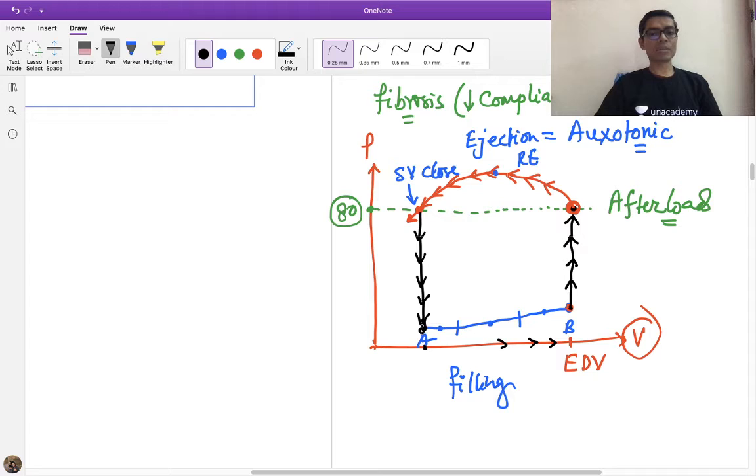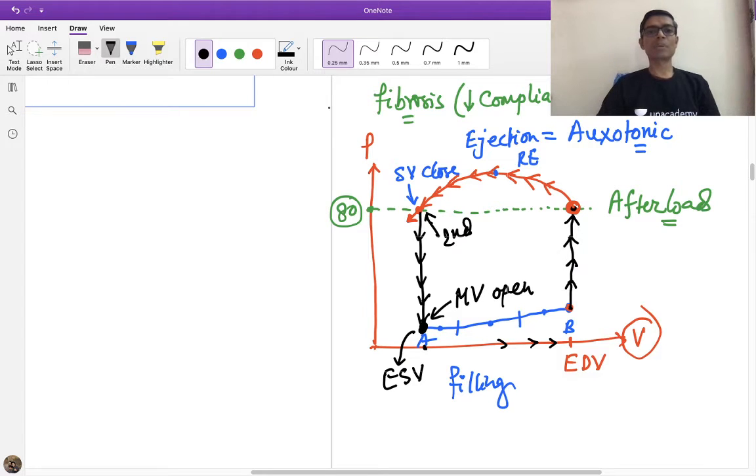So again we are ending at this point. This point is known as the end systolic volume. Obviously, this is the point of the second heart sound. Now when we are reaching the end systolic volume and the ventricular isovolumic relaxation is complete, then what will happen? This is the point where the mitral valve will open up.